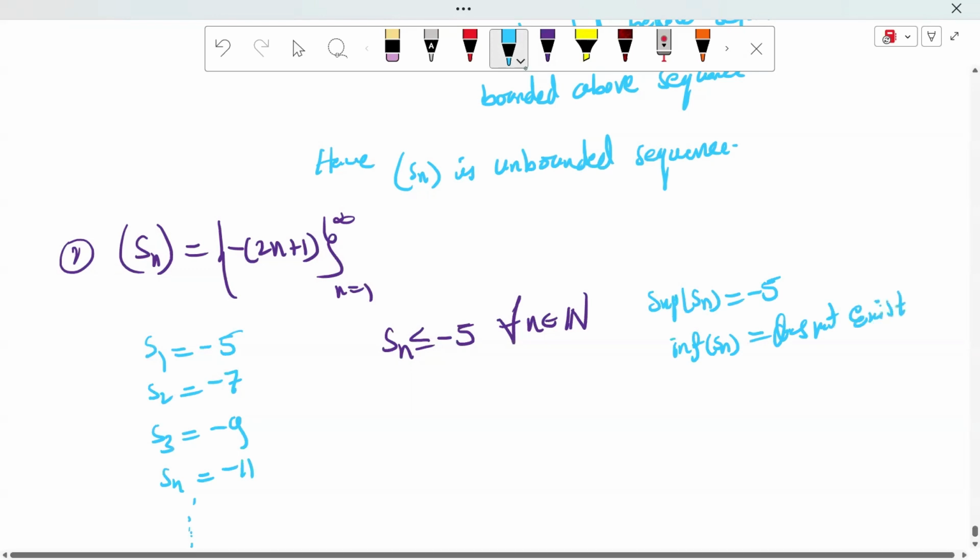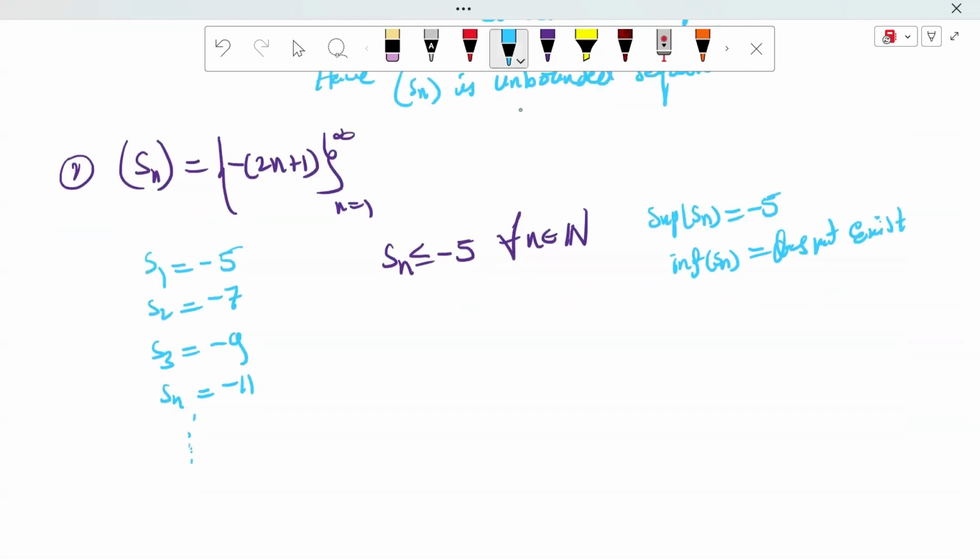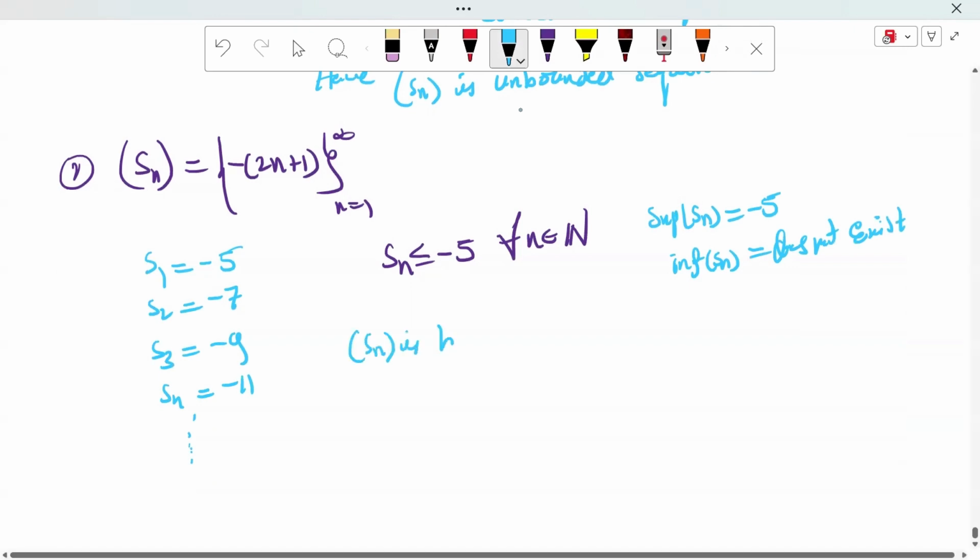Therefore, this sequence Sn is a bounded above sequence, but not bounded below.